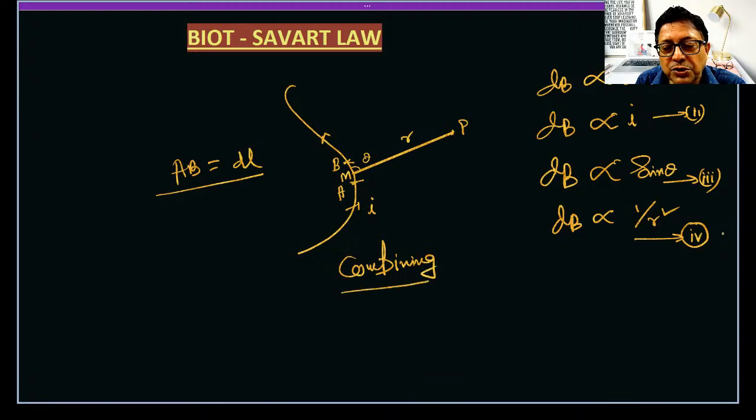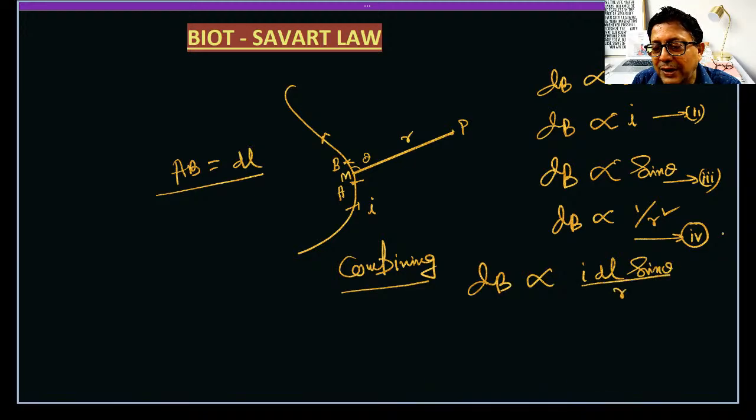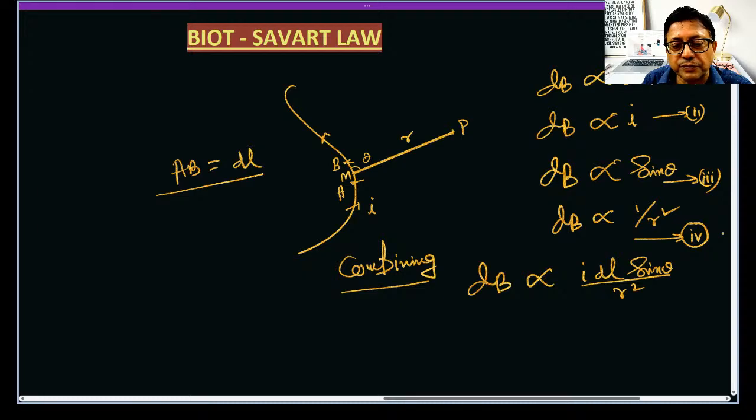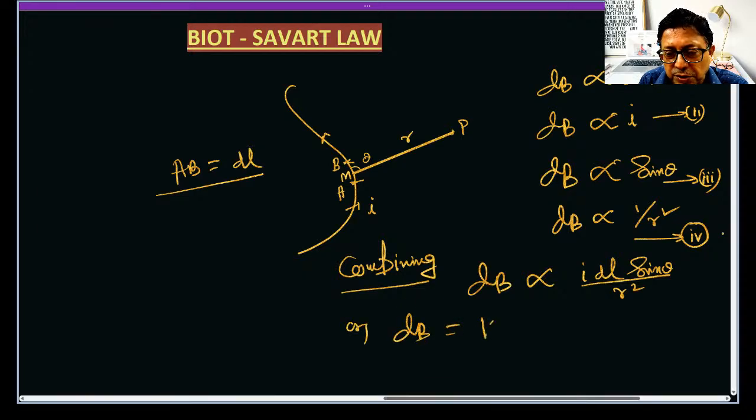Combining 1, 2, 3 and 4, we get dB proportional to I dl sin theta by r square, or dB equal to k into I dl sin theta by r square.